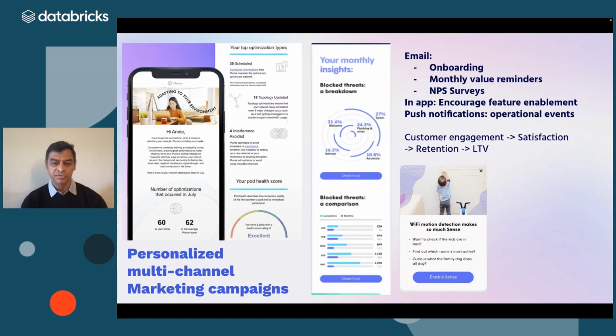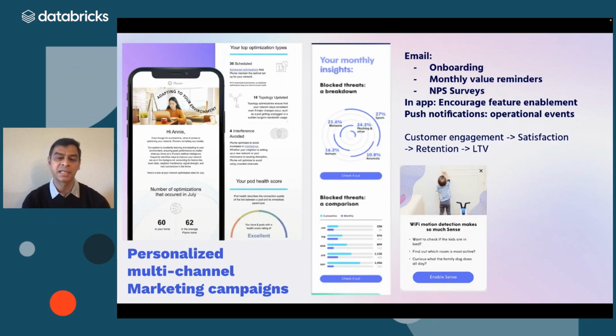Some examples of this, we begin with something that we call the onboarding journey. In the onboarding journey, we offer different kinds of emails to welcome the consumer, and we tell them what Plume does for them, encourage them to connect their devices, encourage them to enable certain features, etc. So here on the right-hand side, you can see an example of an in-app message that we are sending to somebody that has not yet turned on motion sensing.